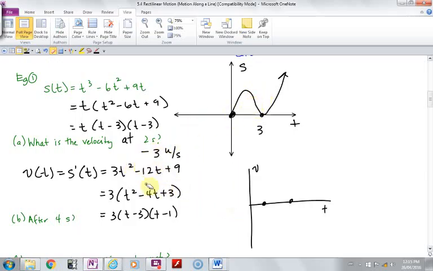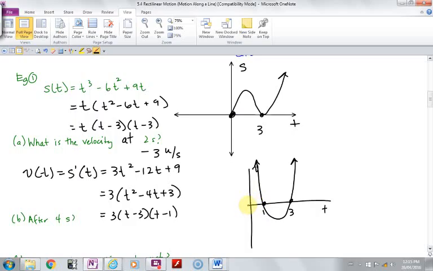So if I were to graph this function down here, I have zeros at 3 and at 1. And what kind of a shape is this? It's a parabola, and it opens up. So it looks like so, right? And are there any other points that I can figure out?